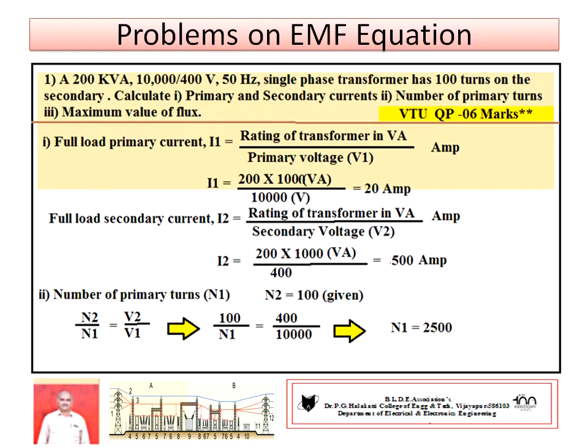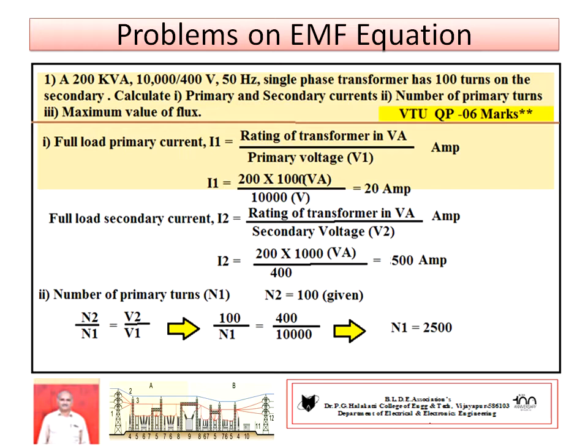So you write down the data on one side. Which current are you calculating? The full load primary current I1 equals the rating of the transformer. It is expressed in kVA, so we have to convert it into volt amperes. That means 200 kVA, 200 into 10 to the power of 3 volt amperes, divided by the primary voltage.